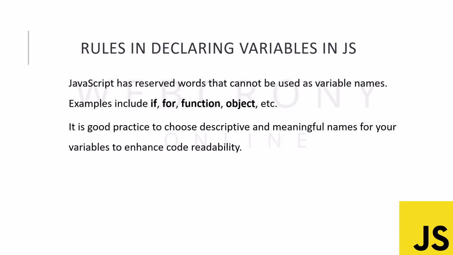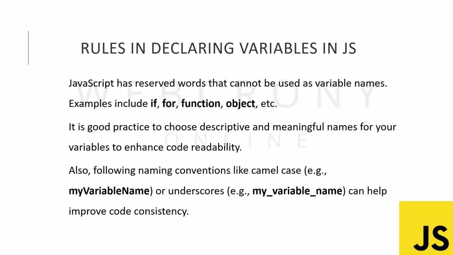Or if you have an object that contains data of a person, it is descriptive to name such data person or user, or whatever name that is descriptive and meaningful to the data that you are storing.